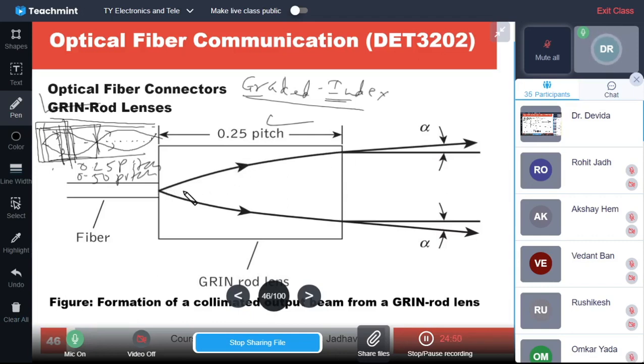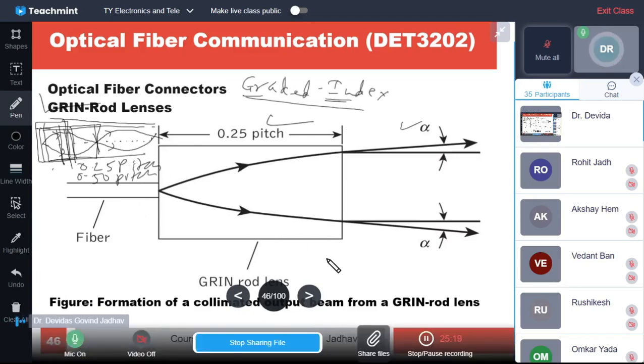So almost a quarter of the sinusoid it completes, and it emerges out, radiated from the GRIN rod lens. So it becomes a collimated parallel beam. It becomes a parallel beam, and there may be a small angle alpha, which is called the divergence angle. There is a divergence angle possible in this case.